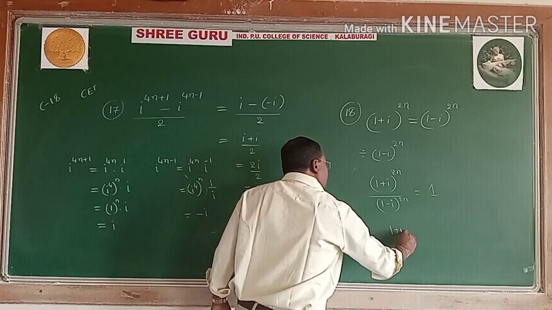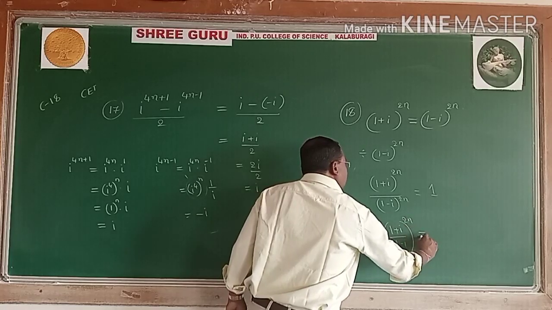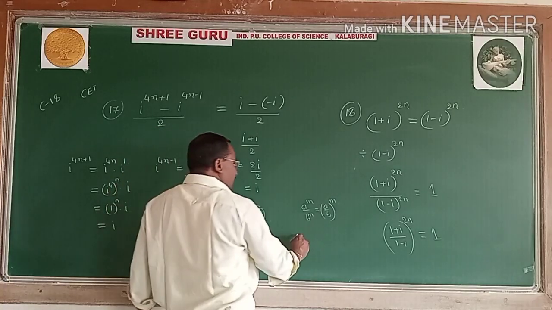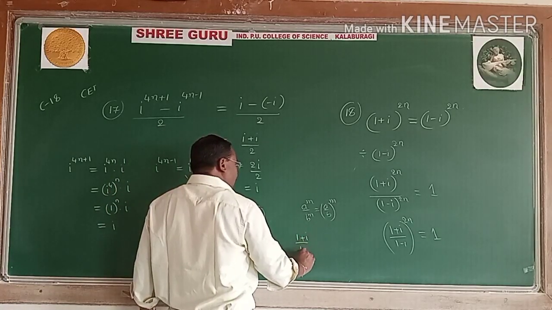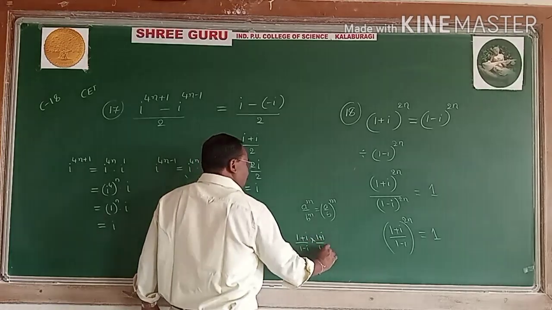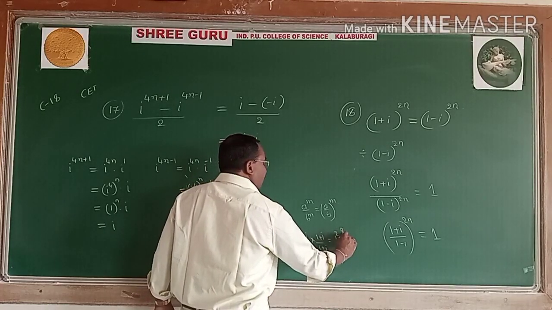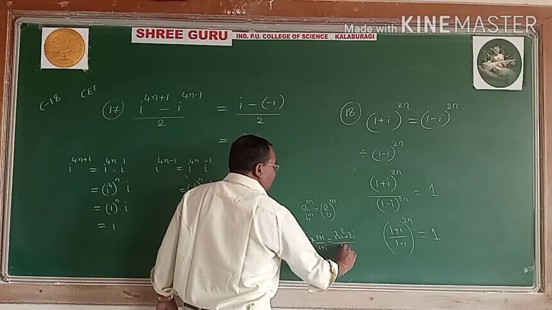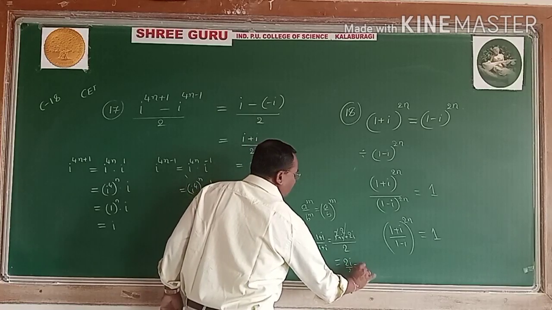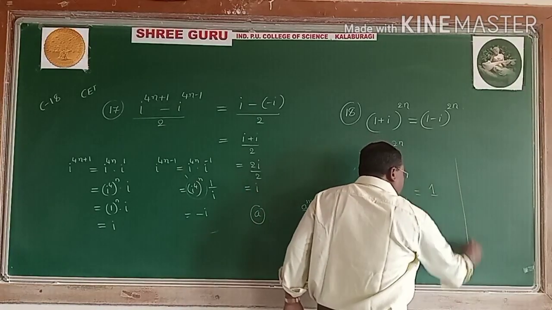This is 1 plus i divided by 1 minus i whole power 2n is equal to 1. Rationalize 1 plus i divided by 1 minus i, multiplying by 1 plus i. The numerator is (a plus b) whole square, a square plus b square plus 2ab, and the denominator is a square minus b square, that is 2, which gets cancelled. 2i by 2 value is i. This value is i.